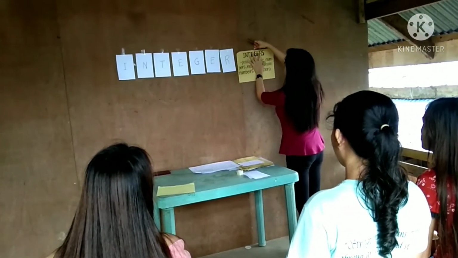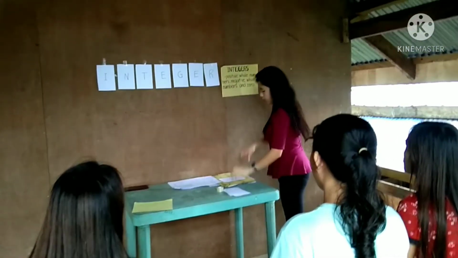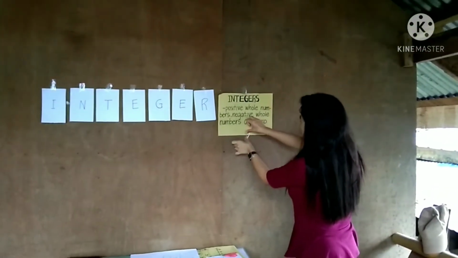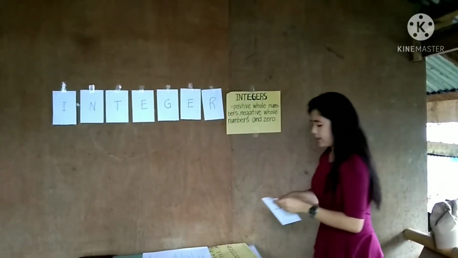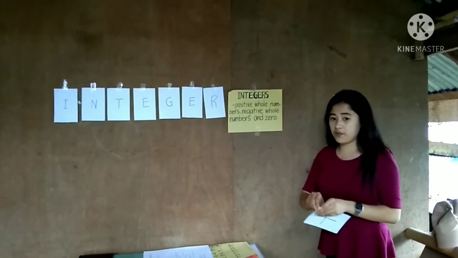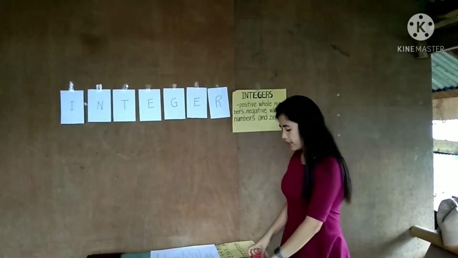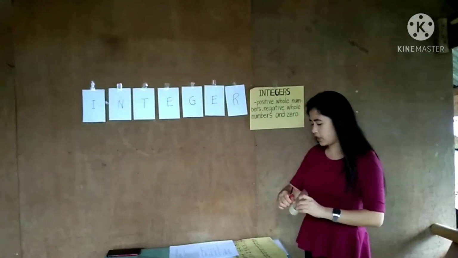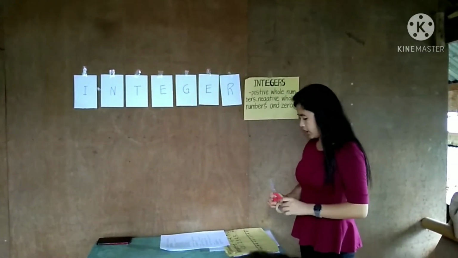So this is the definition of integer. As you have observed, it is composed of positive and negative numbers, right? There is a minus sign and a plus or positive sign. So, that is what composes the integers.